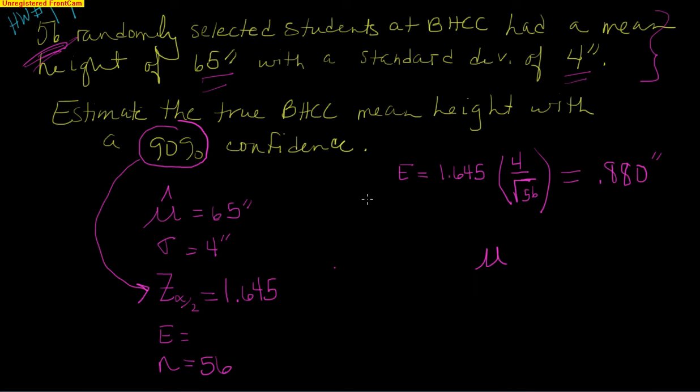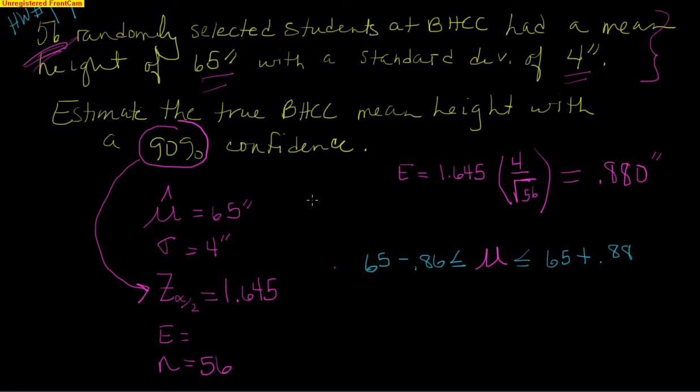So in the end, our true mean is going to lie between the sample mean of 65 inches minus 0.88 and the sample mean of 65 inches plus that error of 0.88.